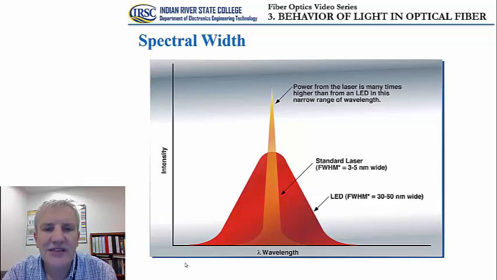So we are ultimately interested in using a light source that is producing light whose spectral width is lower. In other words, the range of wavelengths around the nominal wavelength is much smaller. So from that perspective, using a standard laser is much better than using an LED, but of course the standard laser as a light source is much more expensive, so there is a certain price that needs to be paid to reduce the chromatic dispersion in an optical fiber.